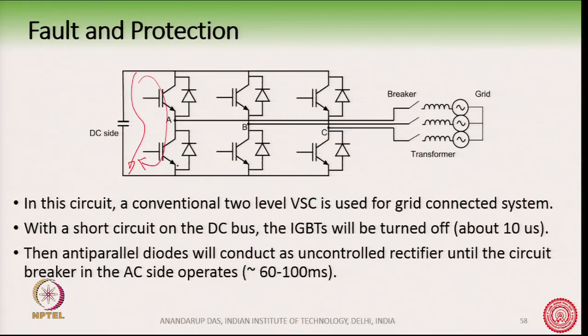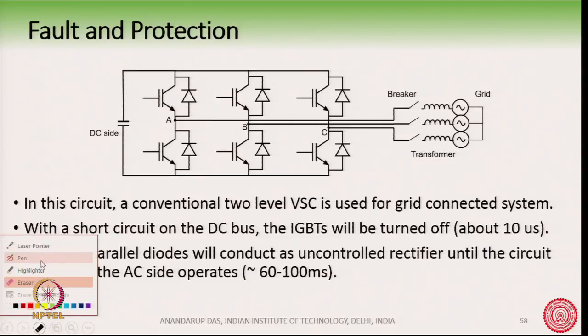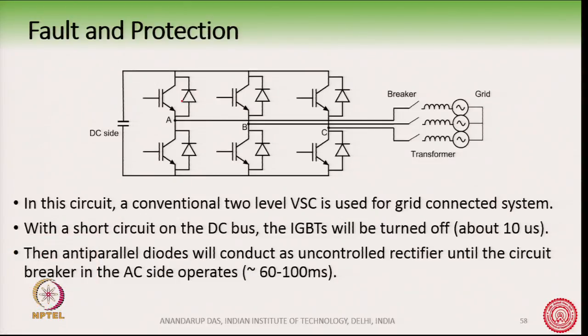Now, if I look at this circuit, we will shut off the IGBT. So, what will happen in this circuit once we have turned off the IGBTs? We will turn off all the 6 IGBTs. So, this is off, these are all off.